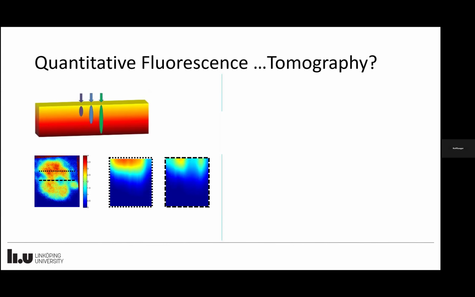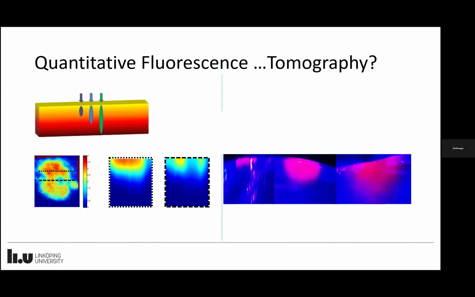So, really to move forward on this, we developed tissue simulating phantoms, where we can actually have molecular diffusion of protoporphyrin at different rates based on different water to gelatin ratios. So we can get different penetration rates. And since it's gelatin, we can also just slice it open, look cross-sectionally, and actually see what the correct distribution is.